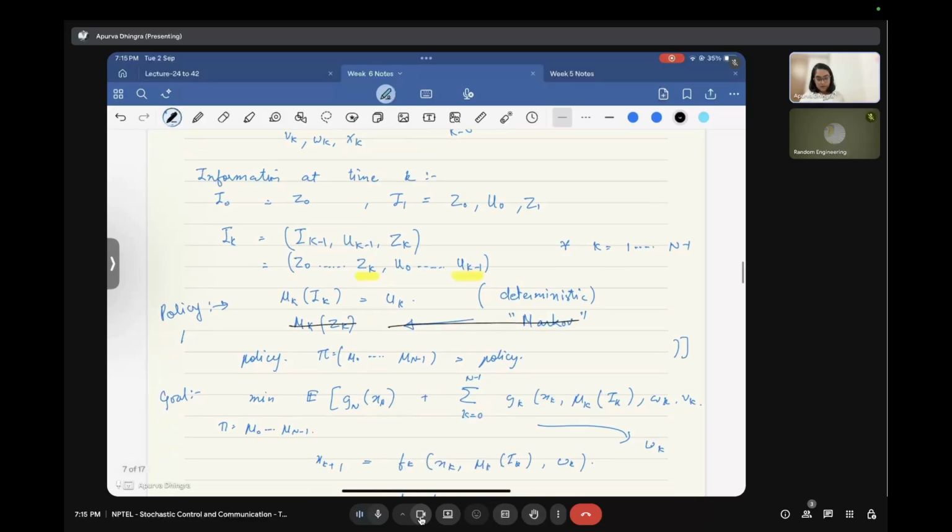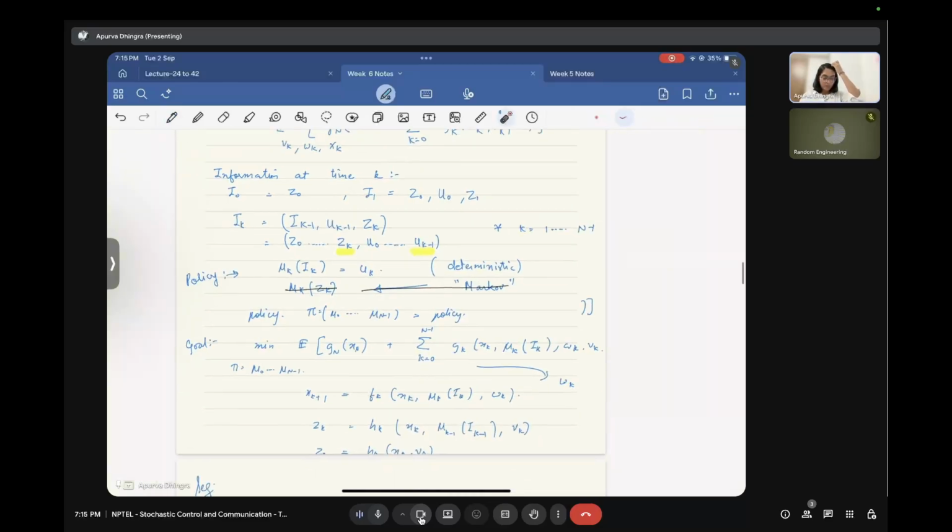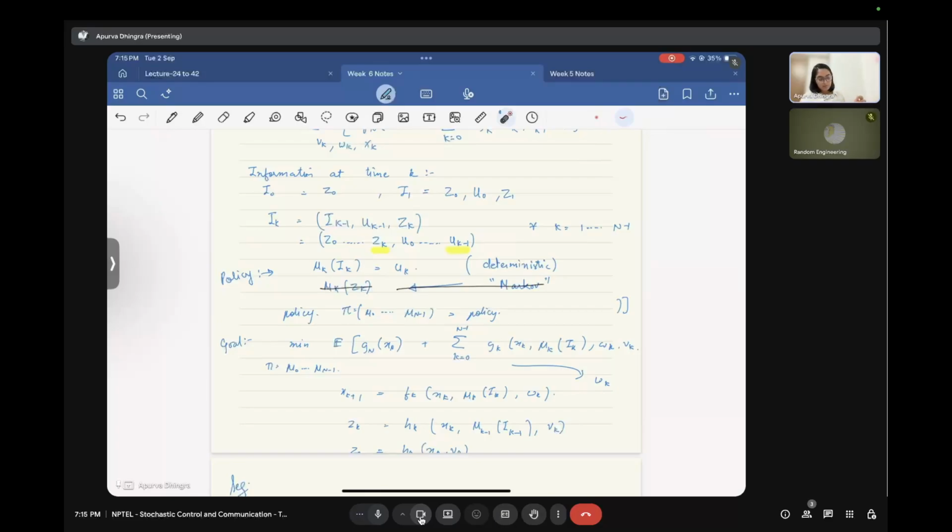Alright, then our policy would be of this kind, meaning for all mu 0 to mu n minus 1, and what we would be trying to do would be very similar.